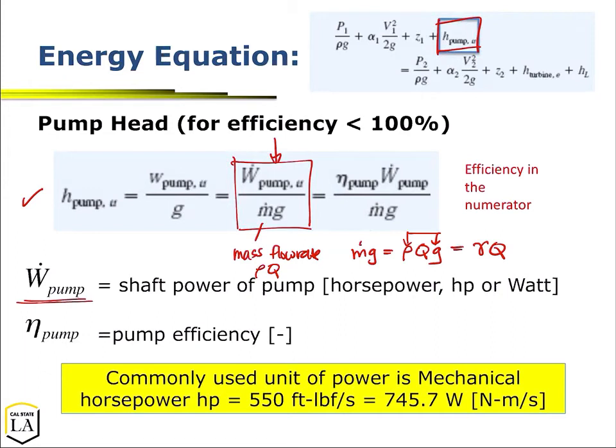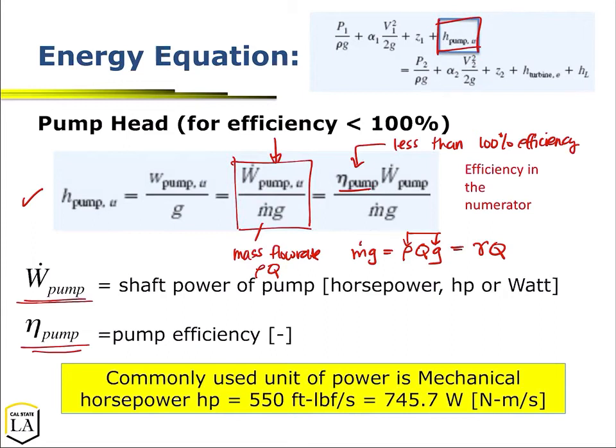As pumps age, they become less efficient, and the energy added to the system begins to degrade. If that happens, then you have to add this efficiency term. So that pump efficiency here is essentially added when you have less than 100% efficiency. As we're doing problems, sometimes there's no information given about the efficiency of the pump.